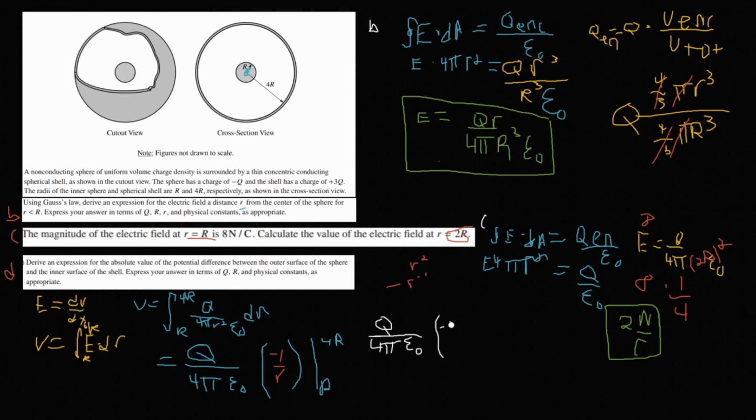Oh wait, it's 1 over r, and so it's going to be 1 over 4r. And then we're going to do minus a negative, so it's going to be plus 1 over r.